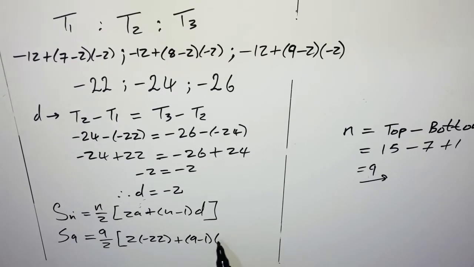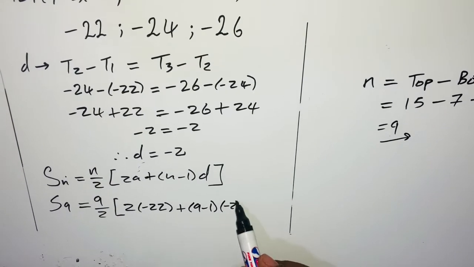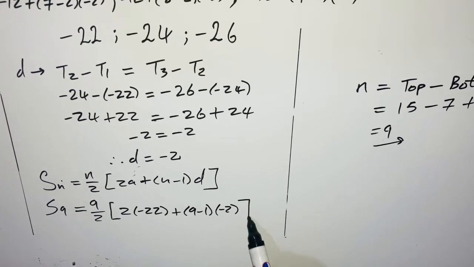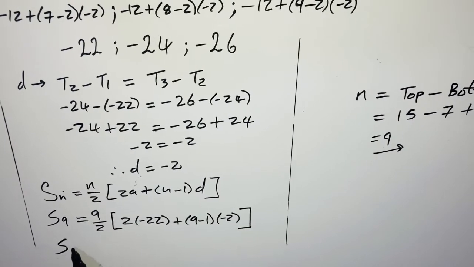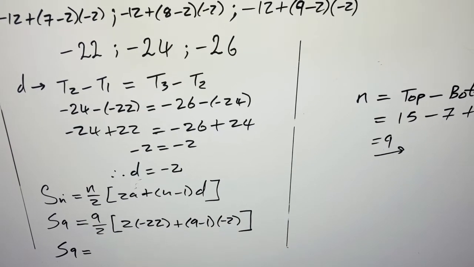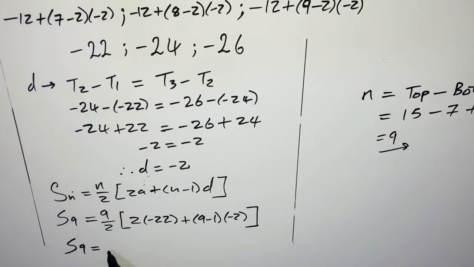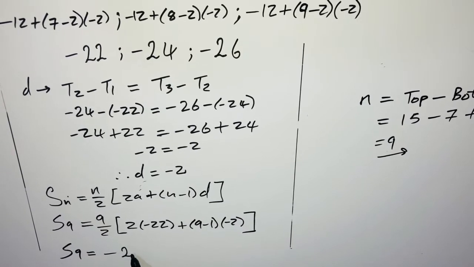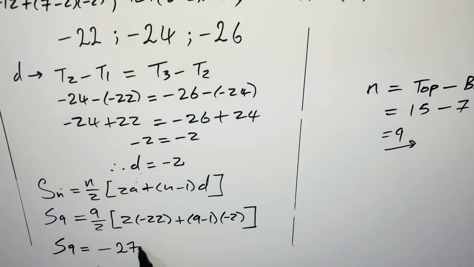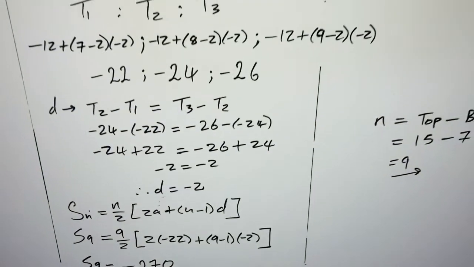Then my common difference, we found it to be negative 2. Then you punch this on your calculator as it is. Then your sum of the first 9 terms is negative 270. So that will be your answer.